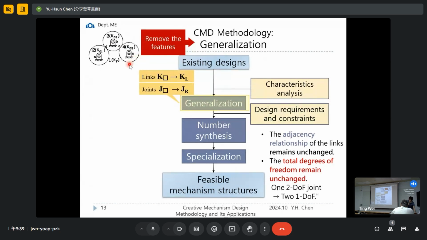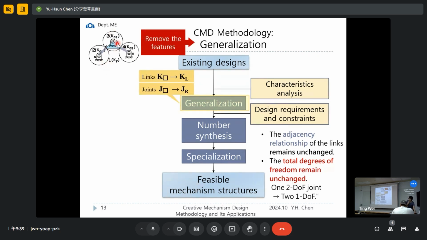How can we remove the features of this gear mechanism? Over here, only 2 things we have to remember. At first, the adjacency relationship has to be kept. That means if originally link 1 and link 2 are connected with each other, they will have to keep this relationship.